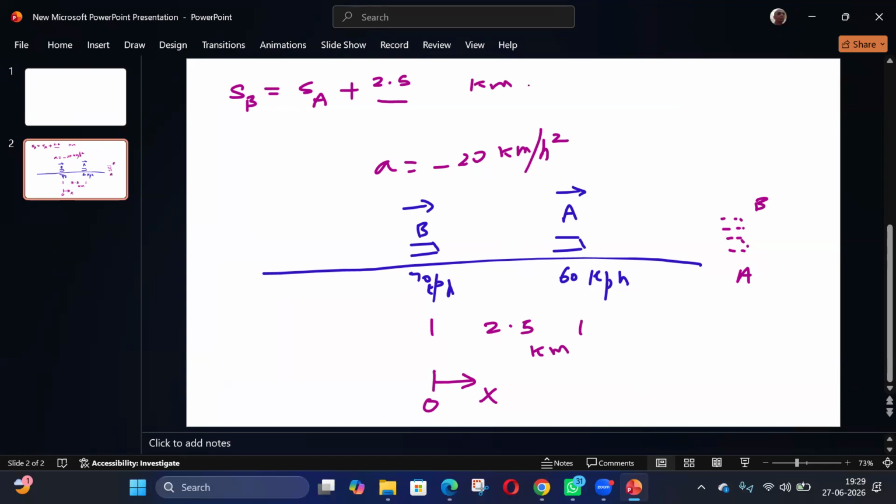So when it is catching up, let that time be t1. SA is from here to here, and SB is from here to here. Both should be equal if it is possible for them to catch.